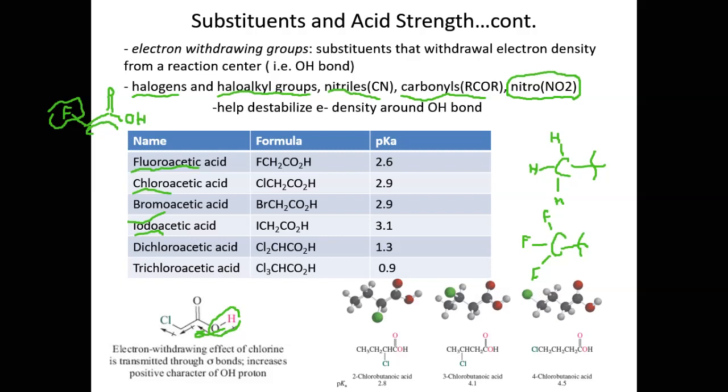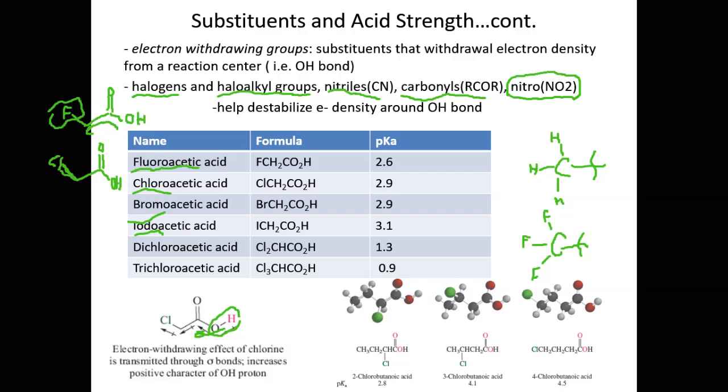So let's look at chloroacetic acid. It's got a chlorine here. Sorry, it's a little messy, but it's just 1 chlorine. So chloroacetic acid is 2.9.